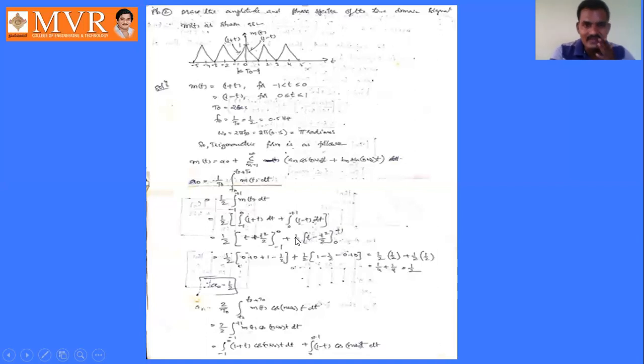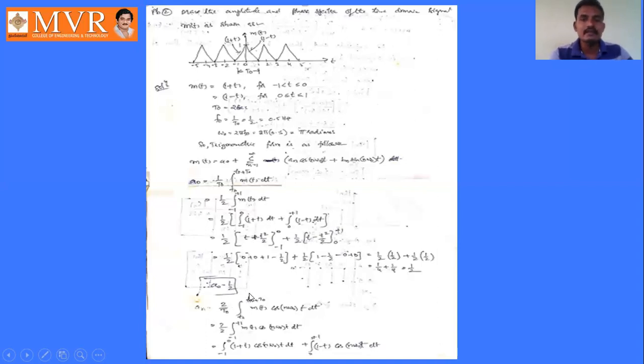By substituting these values in the expression, we get the value of a naught is 1 by 2. Okay, a naught value is 1 by 2.